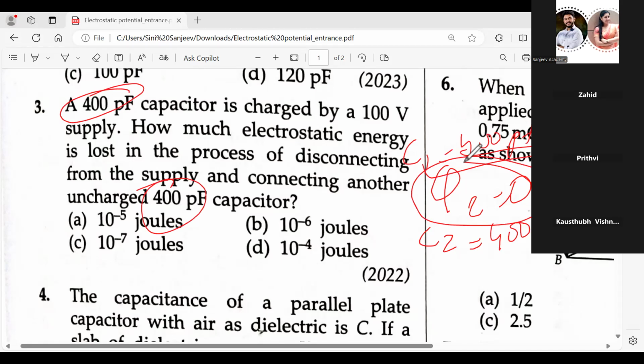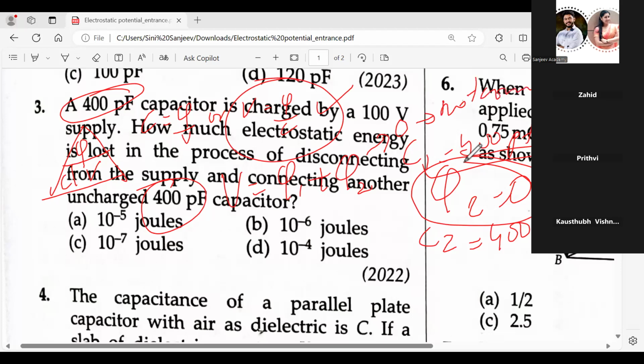Okay, so now coming back to the question, the triangle again, I'll draw it. Q, C, V. C is equal to Q by V, or V is equal to Q by C. So V is equal to (Q1 plus Q2) by (C1 plus C2). Q2 is 0 because it is not connected.